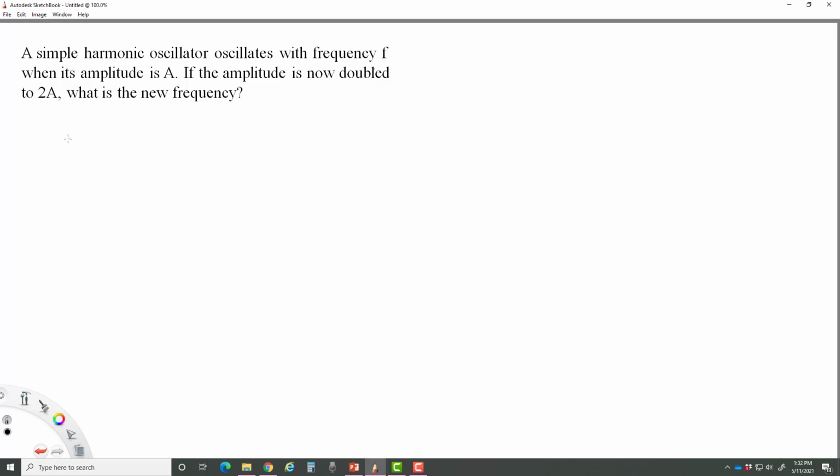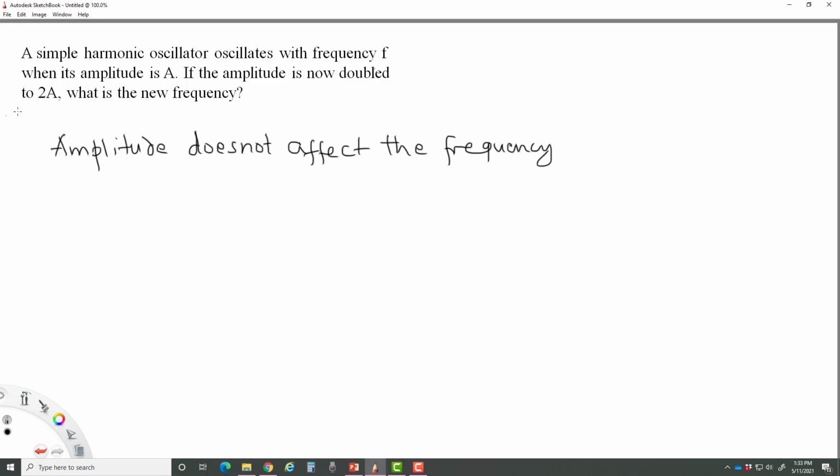We found that amplitude does not affect the frequency. That's what you should have seen in the lab. So even if you double the amplitude, the frequency will still be f.